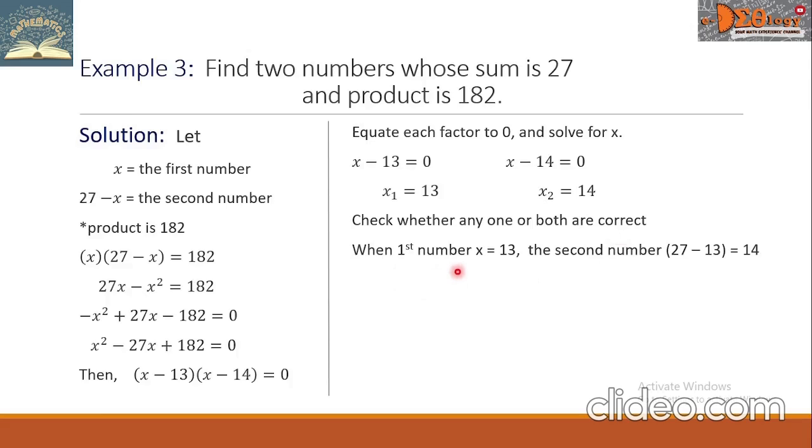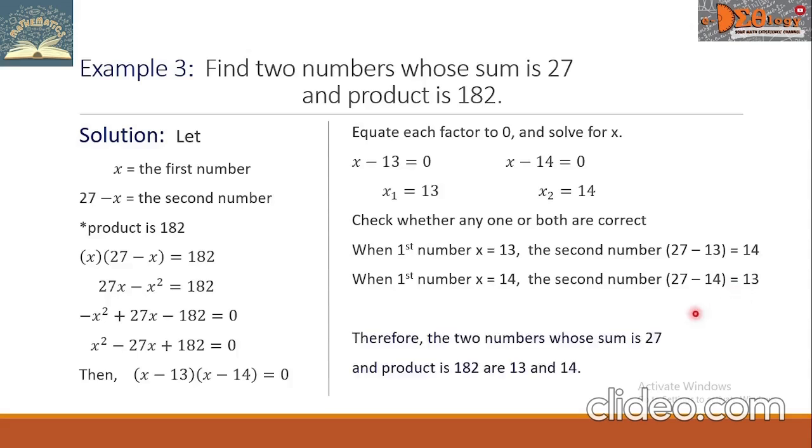When first number x equals 13, the second number, which is 27 minus 13, equals 14. When first number x equals 14, the second number 27 minus 14 equals 13. Therefore, the two numbers whose sum is 27 and product is 182 are 13 and 14.